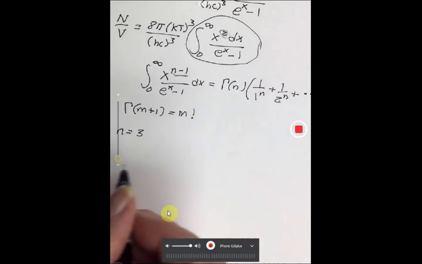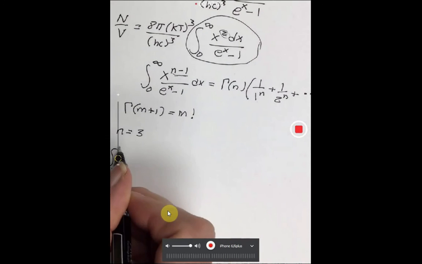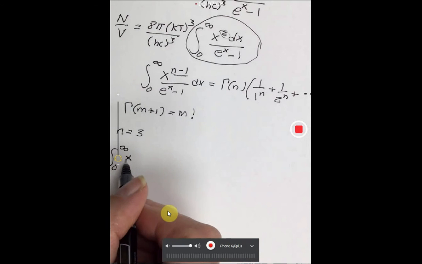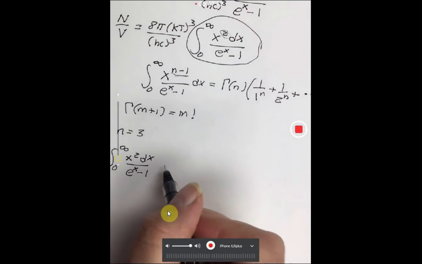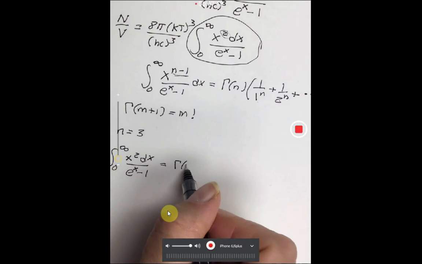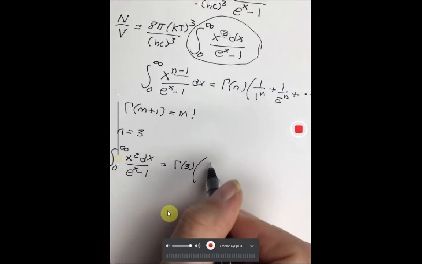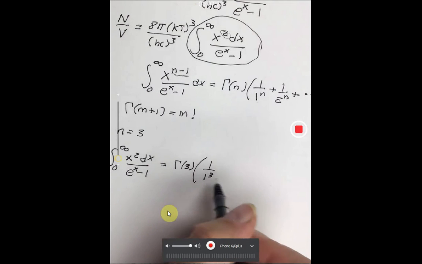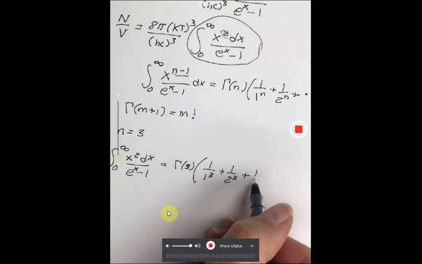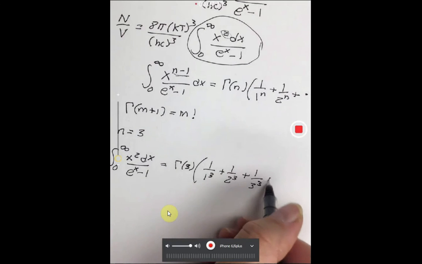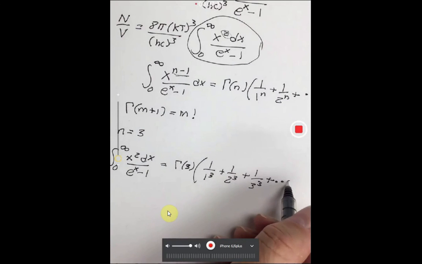So I'm going to have that integral, 0 to infinity, x squared dx, e to the x minus 1, all that under the integral sign, is equal to gamma of 3. And then I'm going to have 1 over 1 to the third power plus 1 over 2 to the third power plus 1 over 3 to the third power plus so on.